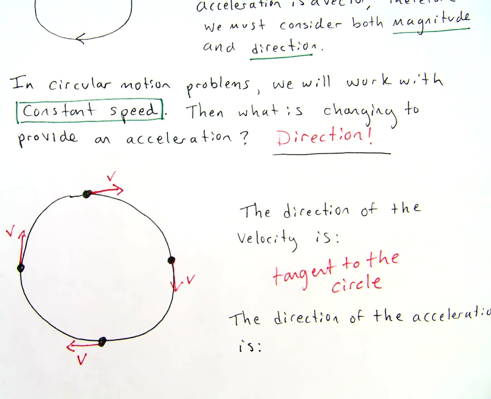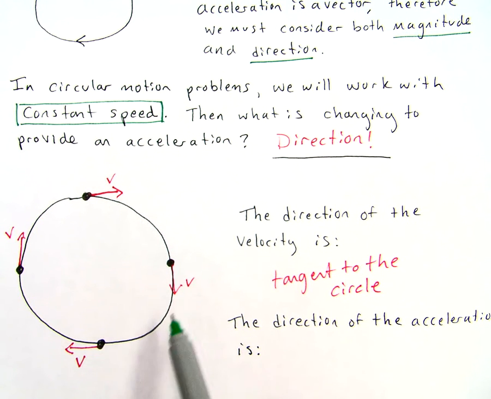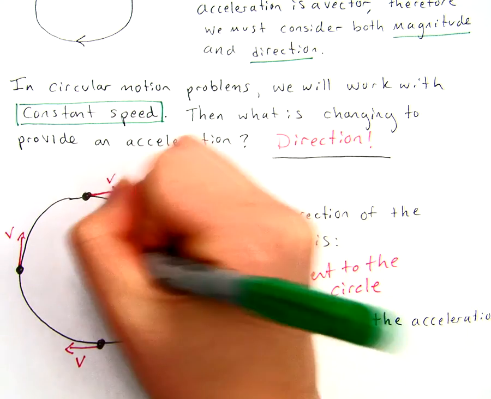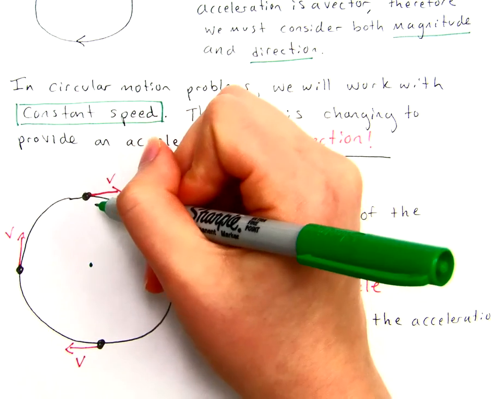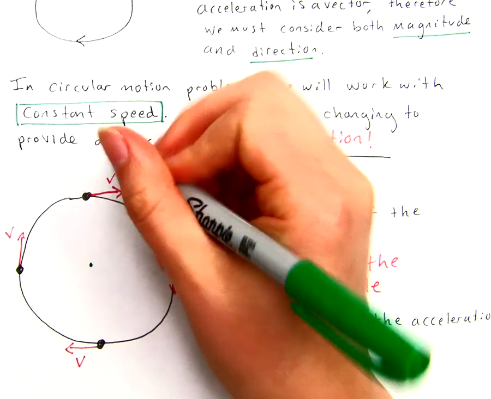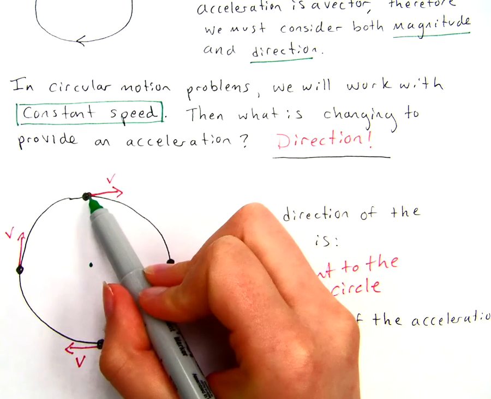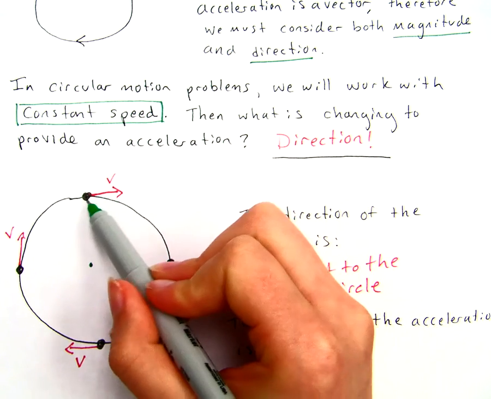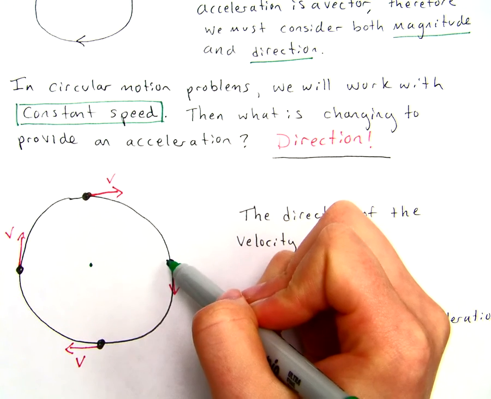Now we need to look at our acceleration. As this object is traveling around in a circle, the velocity is constantly changing. And without an acceleration providing that change in direction, where would this object fly off? It would go straight off. So which direction does it head in order to move down this path?